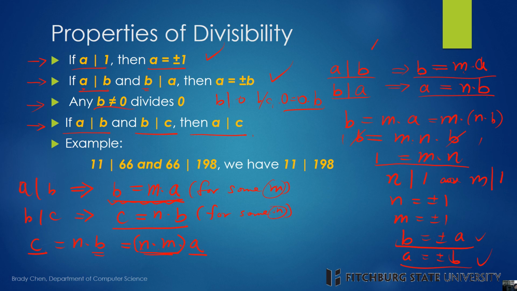What does that mean? By definition, that means A divides C, right? Because C can be written as A times a number. So A divides C. Now here's an example: 11 divides 66, 66 divides 198, then it's trivial, right? We can easily verify this.